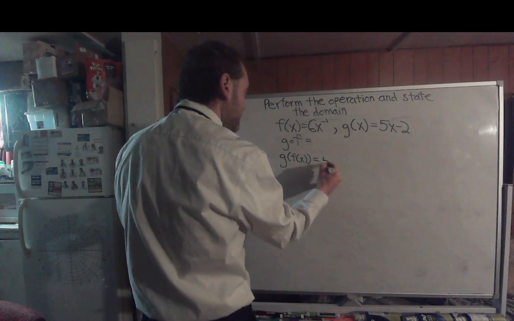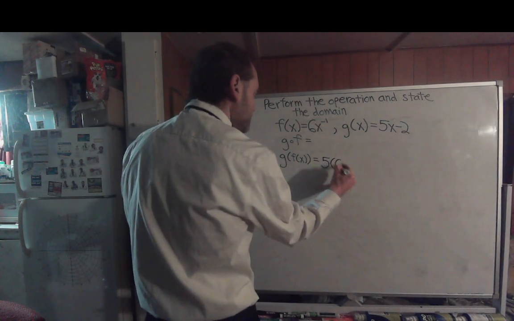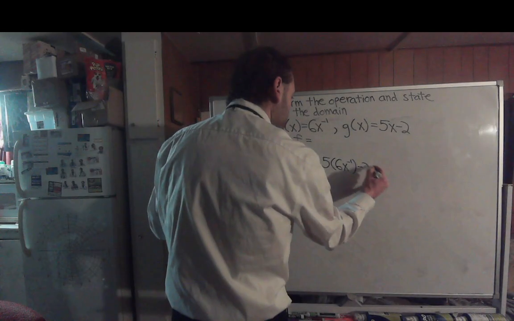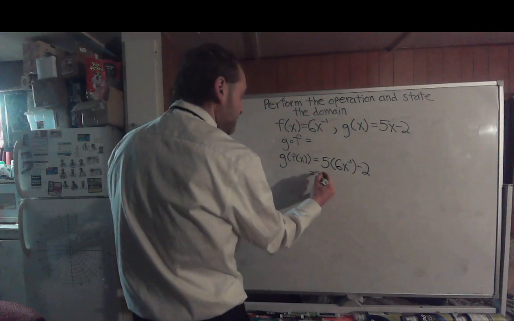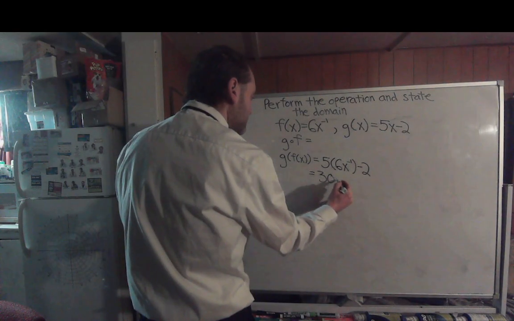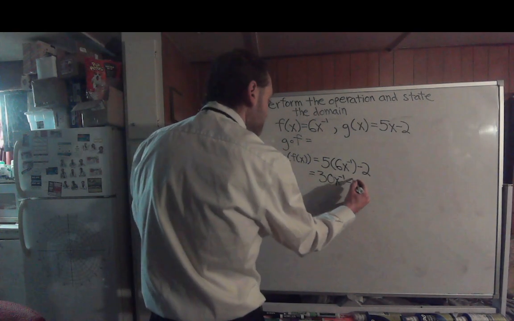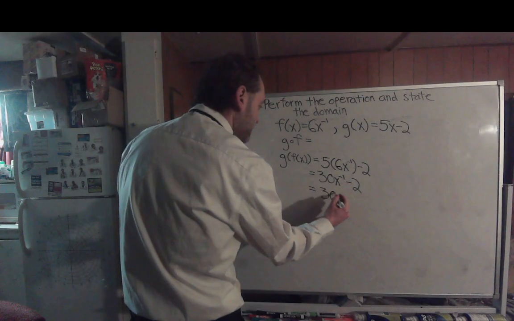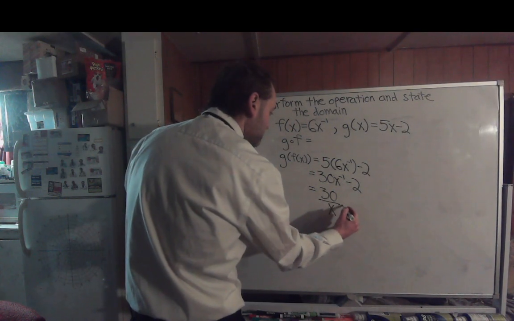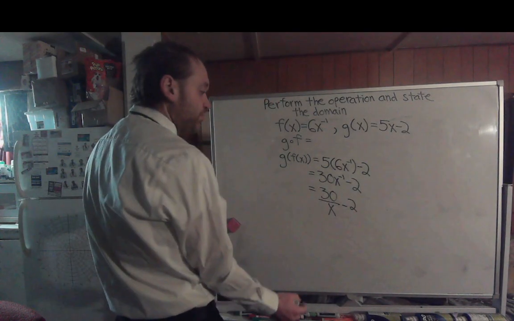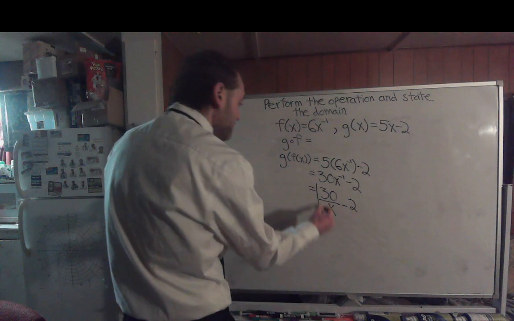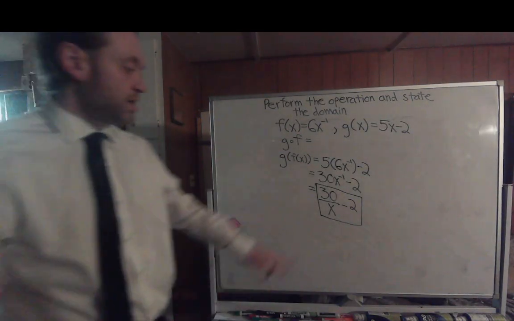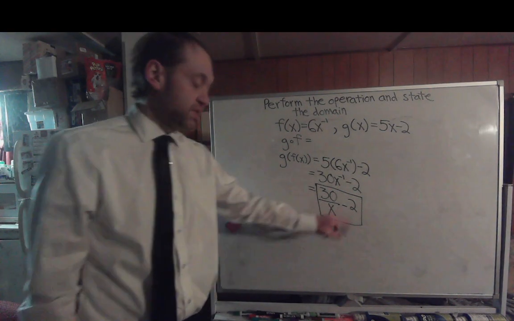So this would be 5 times the quantity of 6x to the negative first minus 2, which would end up giving you 30x to the negative first minus 2, which could also be written as 30 divided by x minus 2. So there's your g of f of x, g composition f. You get 30 over x minus 2.